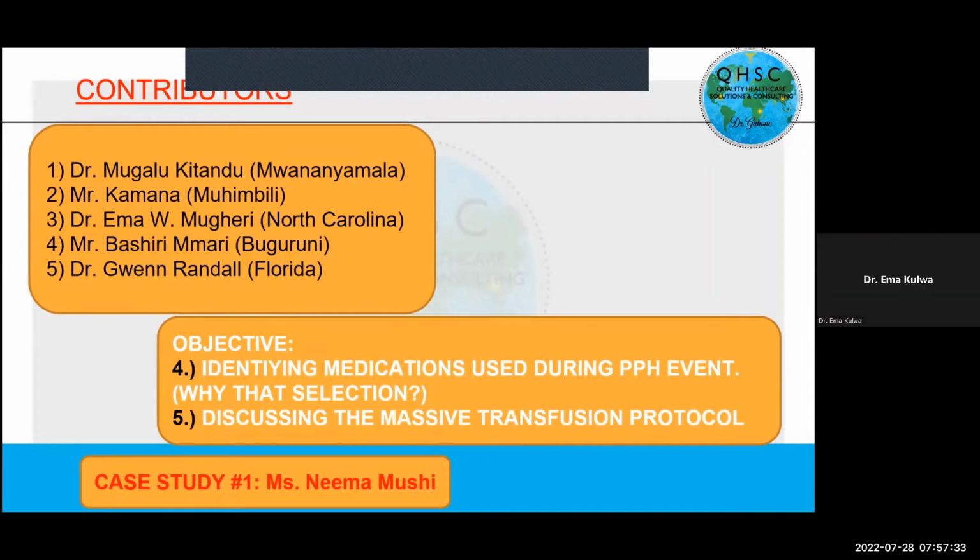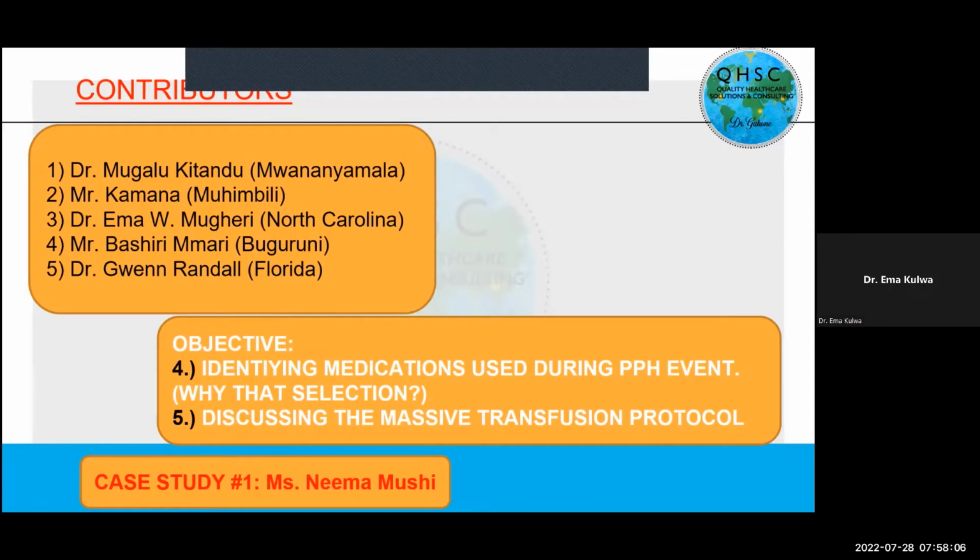Yes, we do have all those options that have been mentioned by our colleagues from Muhimbili and Mwananyamala, I believe. But we also have something we call Methergine, which is an injection that they could get intramuscularly. That is more for if there is postpartum hemorrhage and you're doing the oxytocin and the misoprostol and it's still not working, then this is a third option.